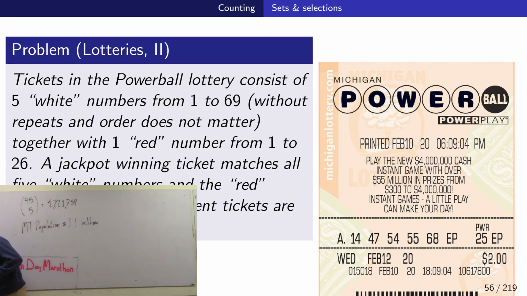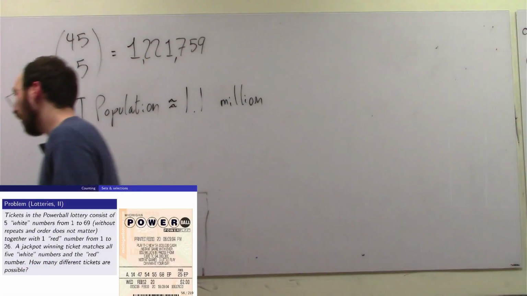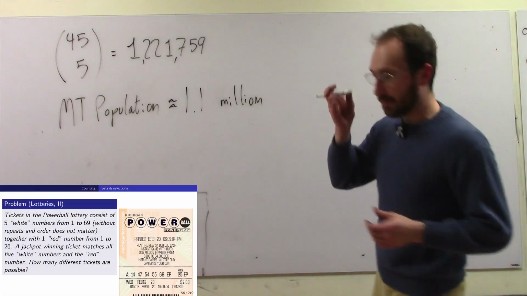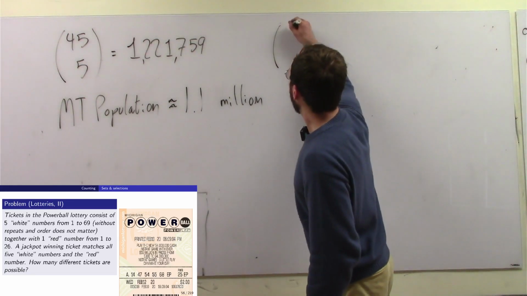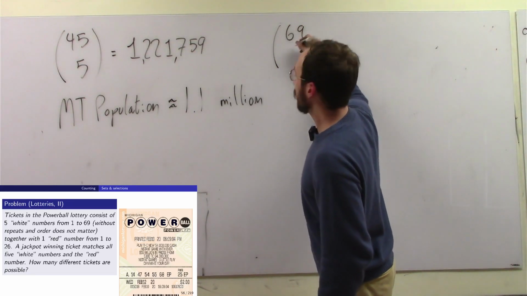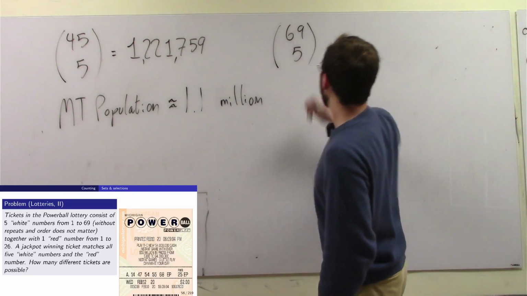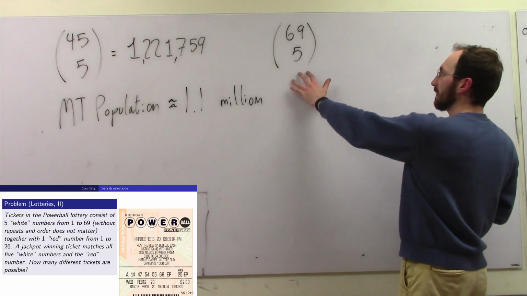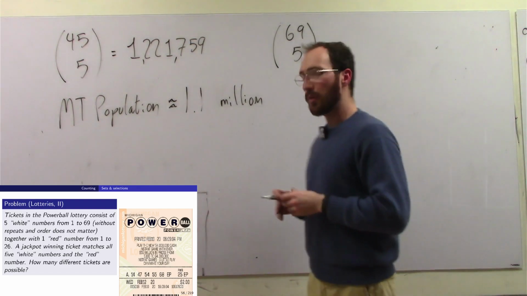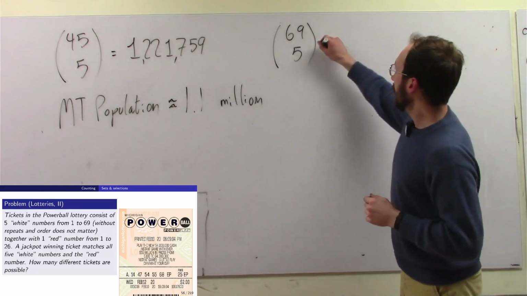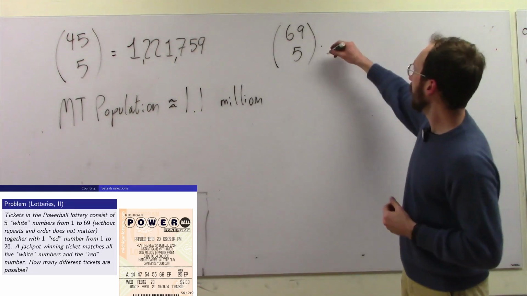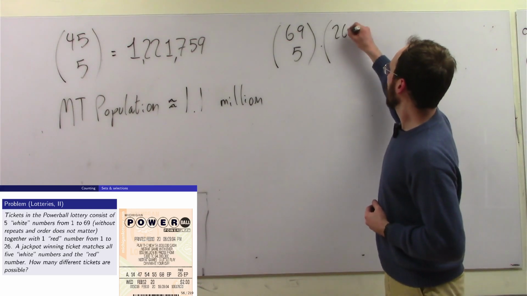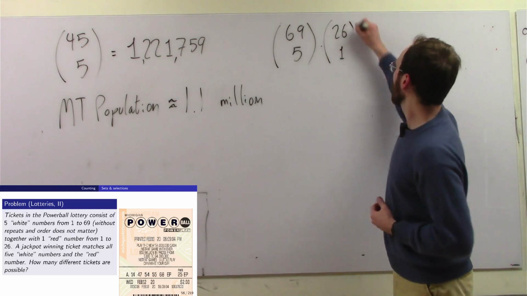And so we might ask ourselves again, how many possible tickets are there? This isn't that hard of a calculation again. It's the same sort of idea. We're going to choose 5 numbers from 69 for those first 5 numbers. And then there are 26 numbers for the second, and we're just going to choose one of them.